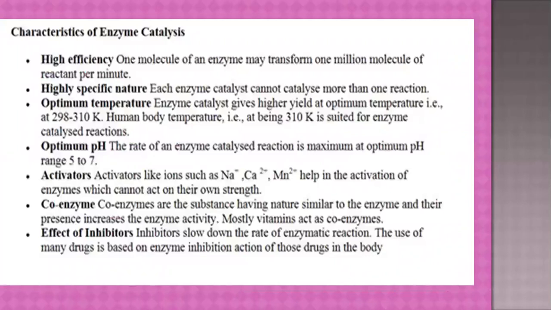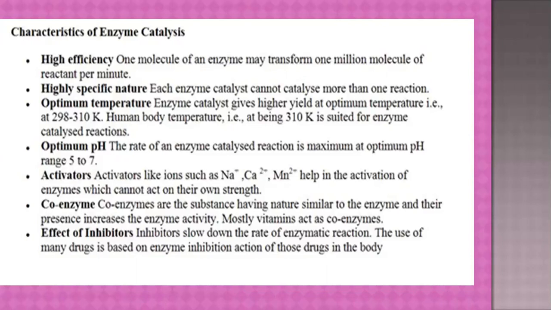Now, what are the characteristics of enzyme catalysis? First is high efficiency. It means that one molecule of enzyme can transform 1 million molecules of the reactant per minute. Highly specific in nature.